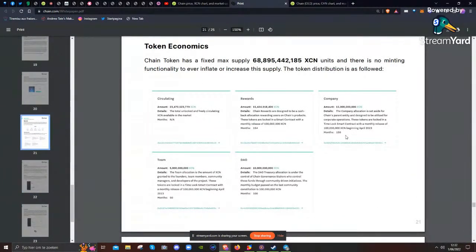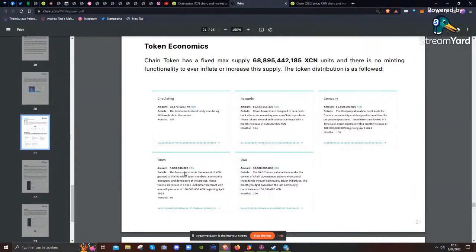From what I can tell, they have the capacity to push through changes through their DAO, and if the company and team transfers a certain amount of their Chain tokens for the voting process. So they hold less than half, which technically speaking would make them not a majority holder. So they hold less than 50%.